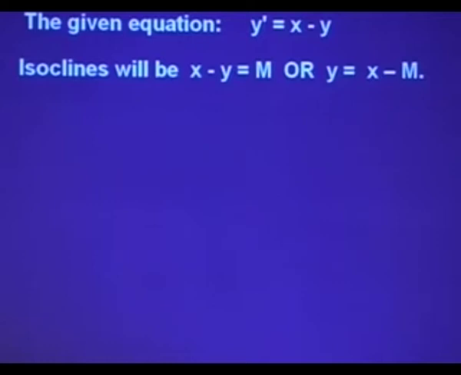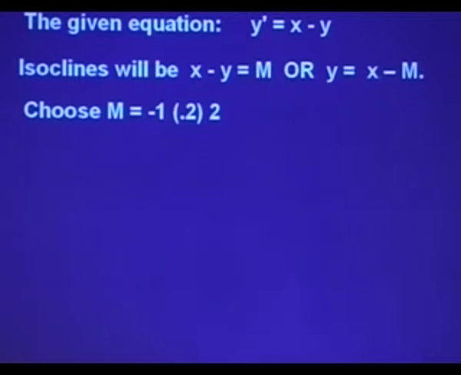So, they are straight lines having slope 1 and intercept minus m. As we vary m, that is the slope of the tangent to the solution curve, we would have different lines with different intercepts, only the slope of the isoclines would be the same. Let us just try how many isoclines we have to choose.